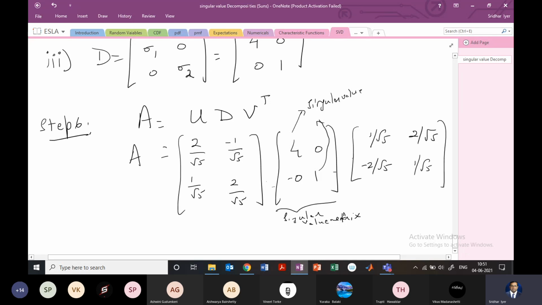Okay, so obviously we can check the answer. If you multiply those 3 matrices on the RHS, you should get the matrix A. As I told you, this is a lengthy process. You need to be very careful. You should have all the data with you when you are solving this, like singular values, D, the values of A transpose, and so on.